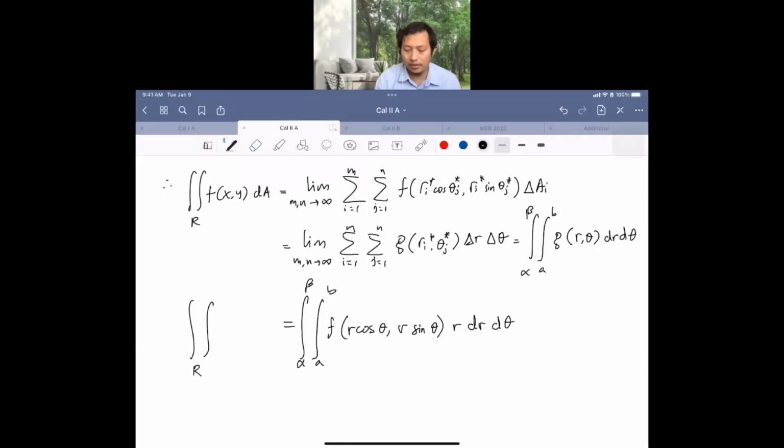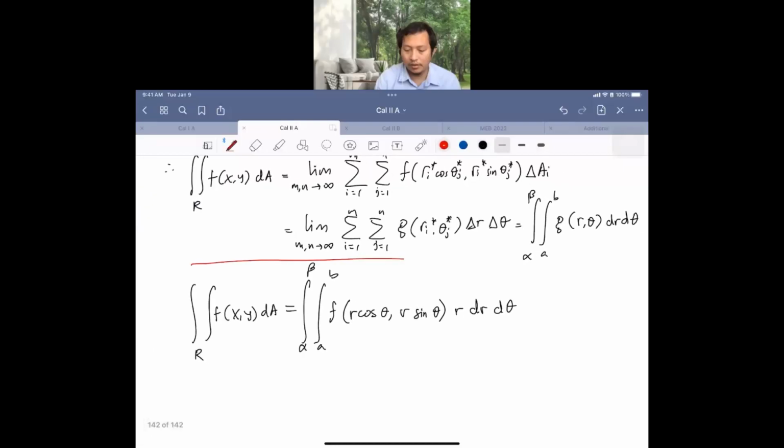Let's say this is r, to make it the same terms all over the place. So this will be the conversion.